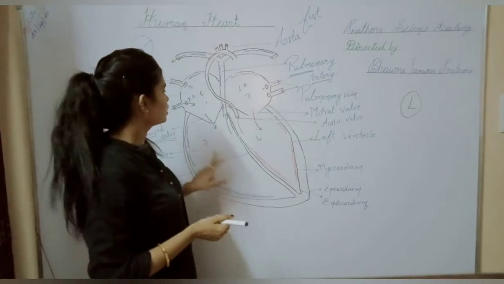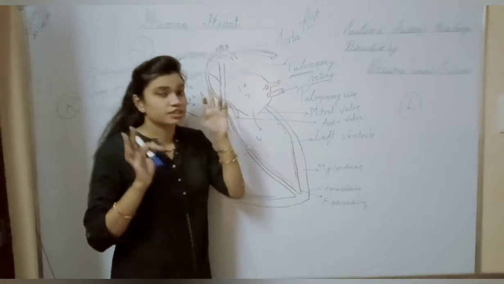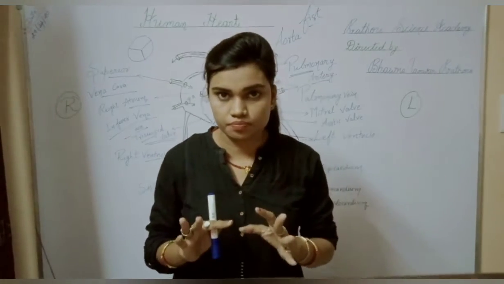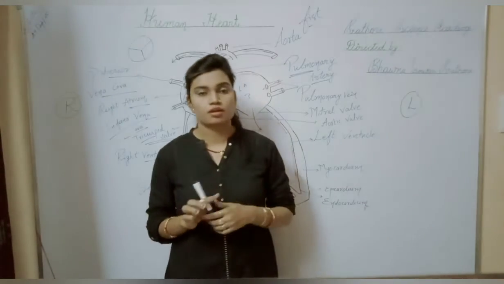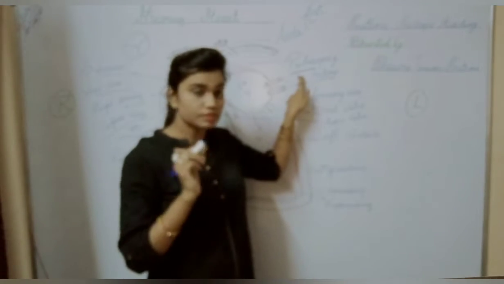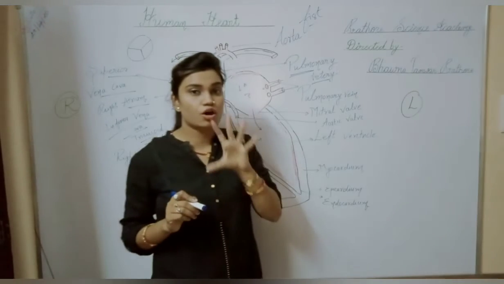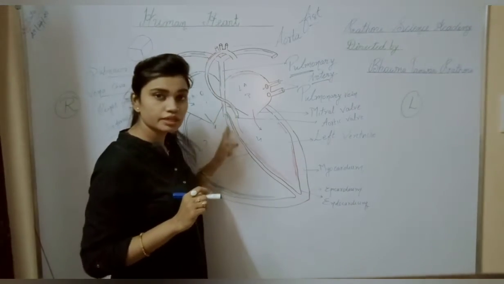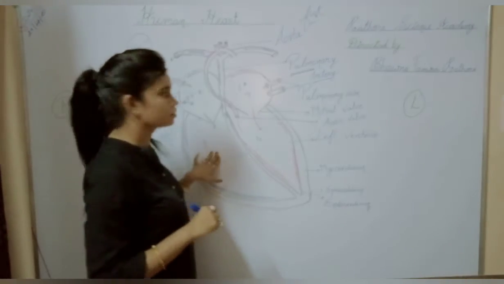Now the pulmonary artery is the only artery which contains deoxygenated blood, and it is the largest artery of our body. What I said? It is only the pulmonary artery which contains deoxygenated blood, or you can say impure blood. Now what happened here?